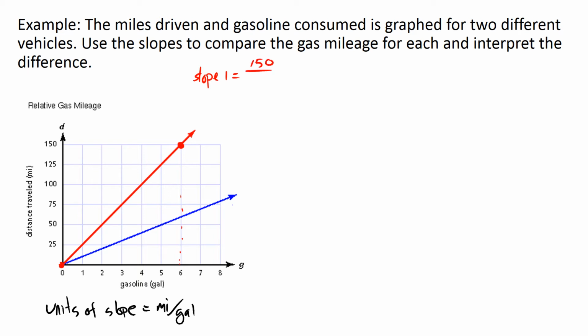Per run is 6 gallons, going from 0 over to 6. So 150 divided by 6 is equal to 26.7 miles per gallon. So what that means is that for every gallon of gasoline, this vehicle can drive 26.7 miles.